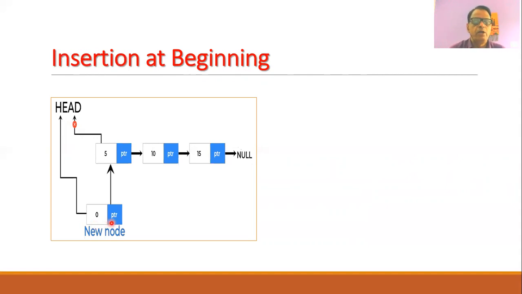This pointer value should be the start or begin of the linked list, so that it points to the first element, and the head or start pointer should point to the new node, so that this element is added at the beginning of the linked list.